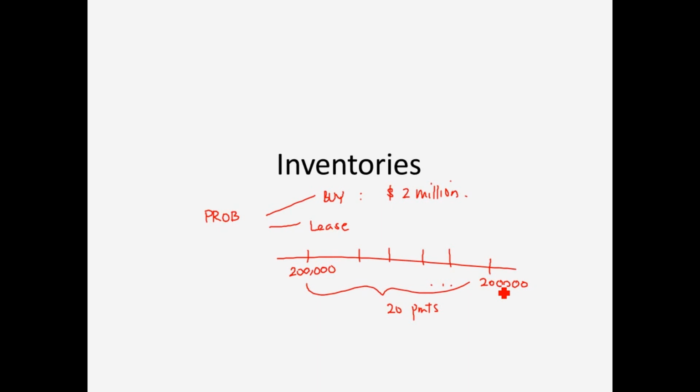But is $4 million over 20 years worth more or less than $2 million right now? What kind of problem is that? A straight-up annuity. Is it an annuity due or an ordinary annuity? It's an ordinary annuity.